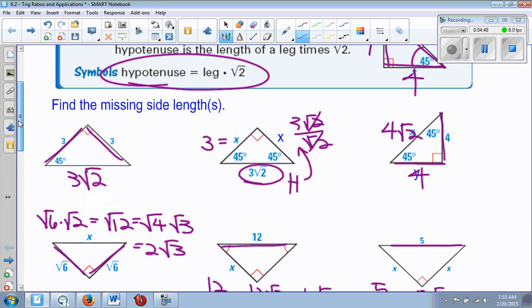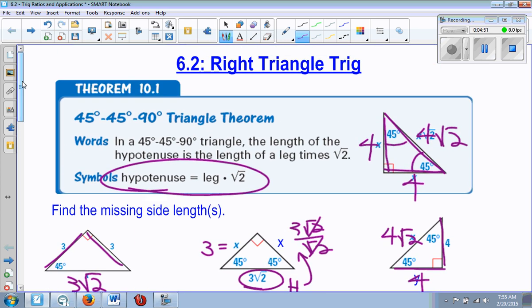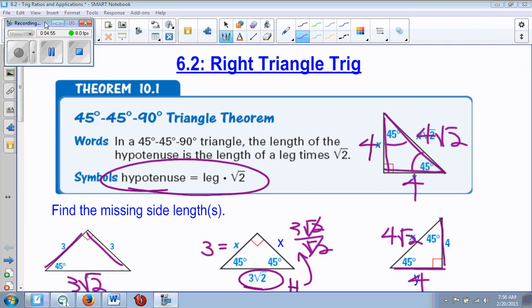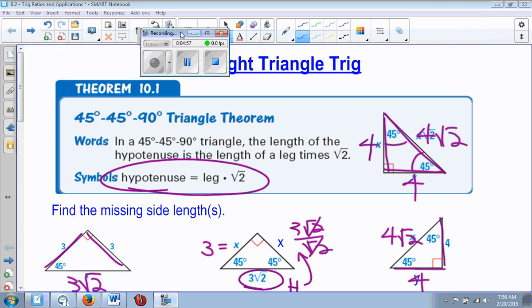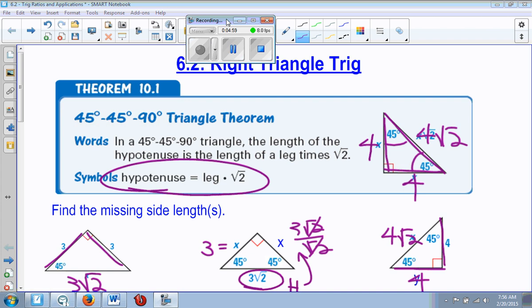I will tell you, and you're probably going to want to write this down, as we progress more advanced with this, we are going to start looking at 45-45-90s in this manner. We're going to look at them as the legs being 1 and the hypotenuse being root 2. That's going to come back.